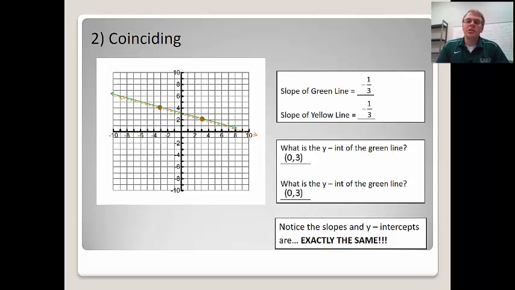If the equation is in slope-intercept form, that's obvious. But when we have equations in point-slope form, or if they're not given to us in a form, it's not going to be as obvious whether they are coinciding or not. But really what we have here is two lines that literally have the same exact points, the same exact ordered pairs, all the way from infinity to negative infinity.